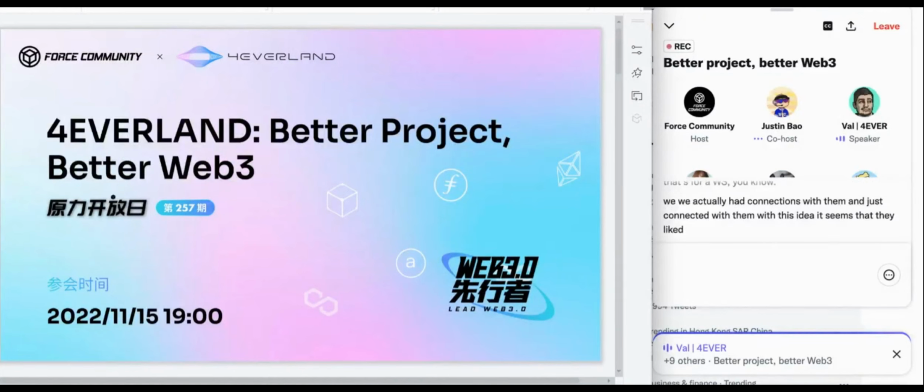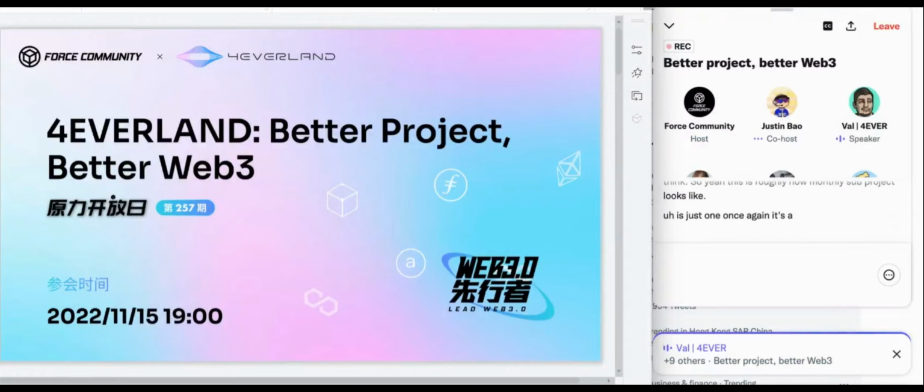It seems that they liked it, and therefore we started partnering in these terms. Together with AWS, 4EVERLAND is providing developers with resources and storage, and that's pretty good, I think. So this is roughly how Monthly Star Project looks.